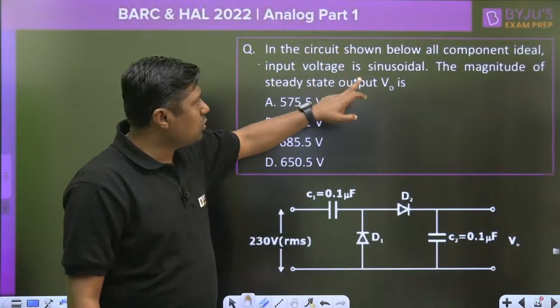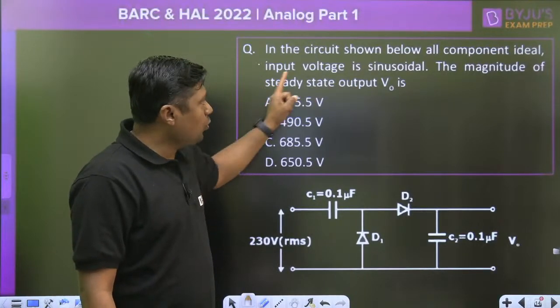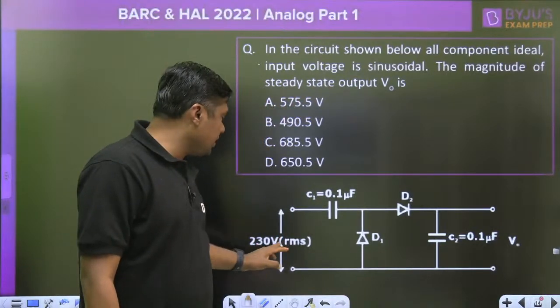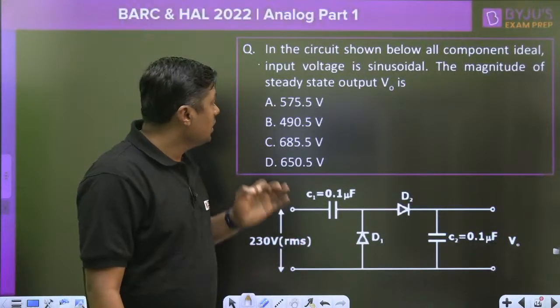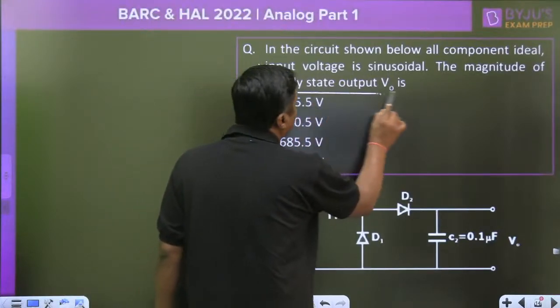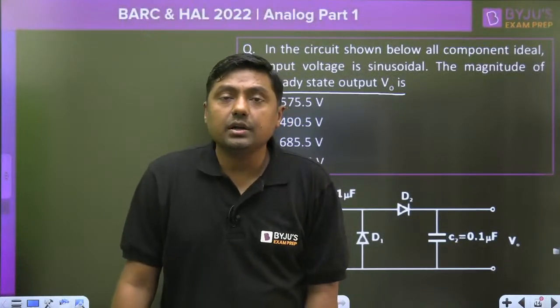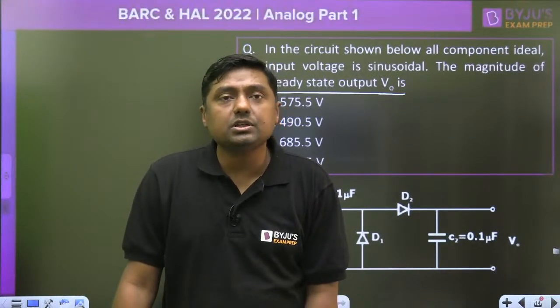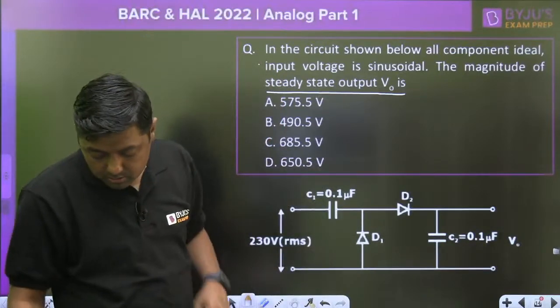In the circuit shown below, all components are ideal. Input voltage is sinusoidal, 230 volt RMS is given. This is the RMS value. The magnitude of the steady state output V0 under steady state condition, the capacitor will act as an open circuit. Everyone give me the answer.